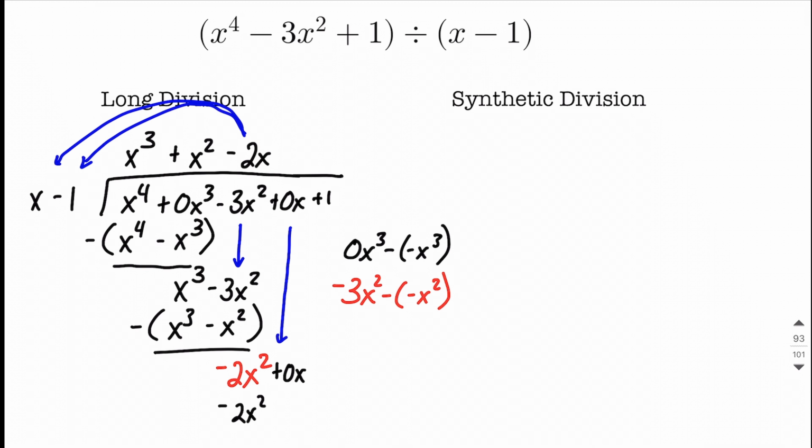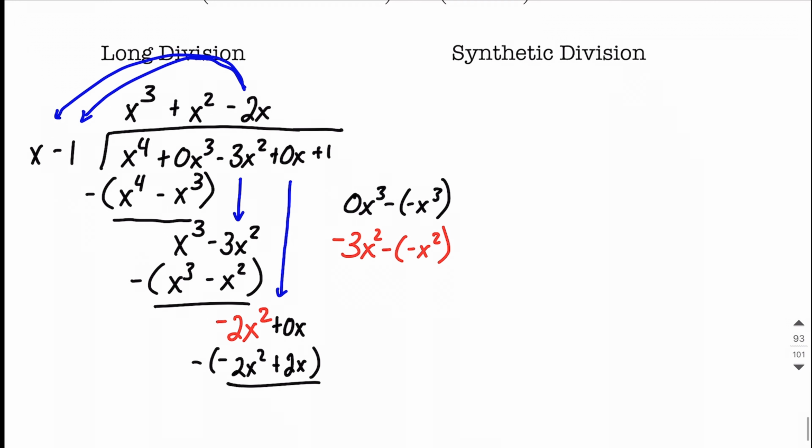So -2x times -1 makes positive 2x. Subtract down. The first one works out just fine. The x squared terms go away. But then be mindful, we have 0x minus 2x. That negative gets distributed and is going to give us -2x.